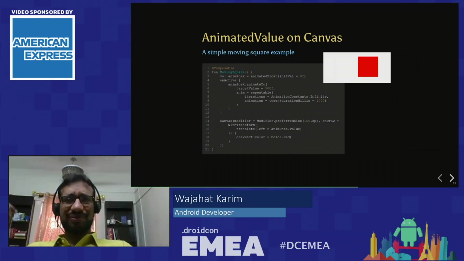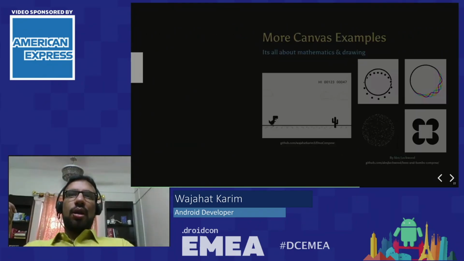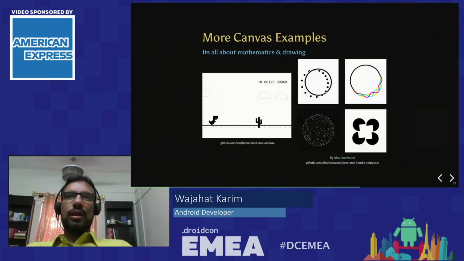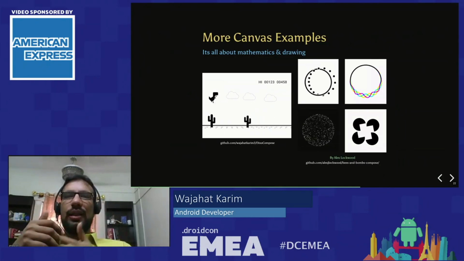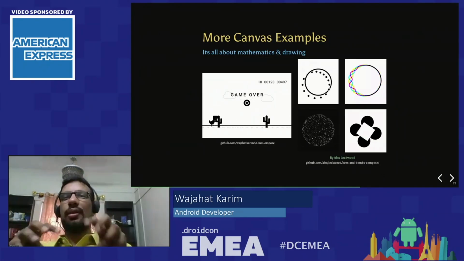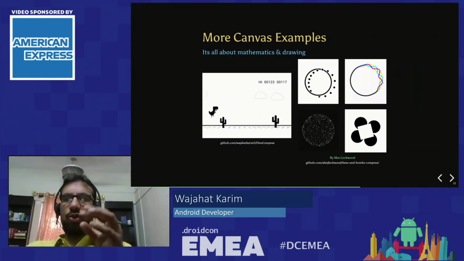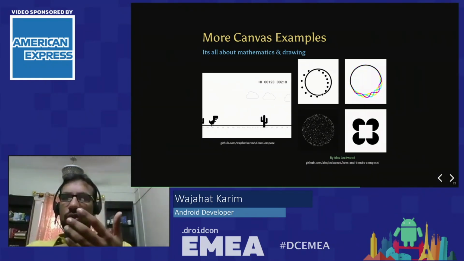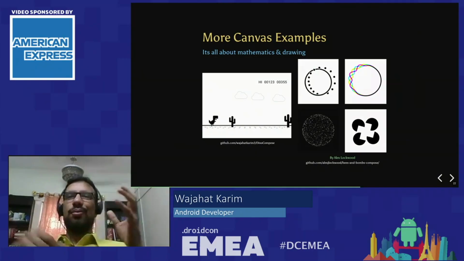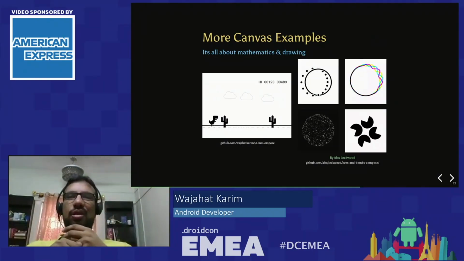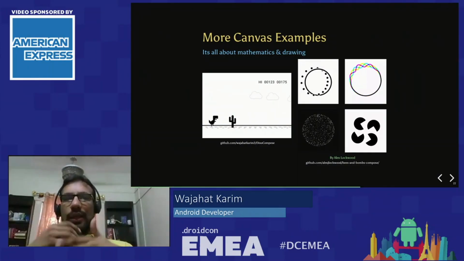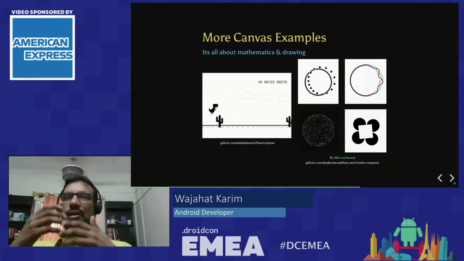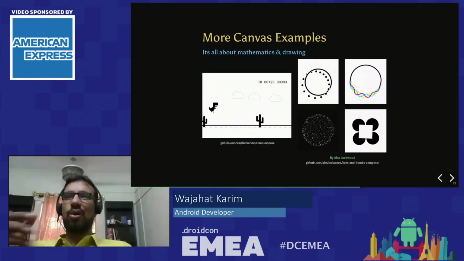As I said, the amazing animations by Alex Lockwood are mostly based on this principle. He uses an animated value and then manipulates it. I have managed to create a whole game of Dino Compose with this simple concept.